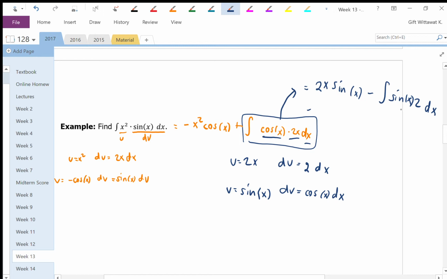Oh, that's good news, because I can find the integral. The integral of sine is going to be negative cosine. The negatives cancel out, so I get plus cosine of x plus a constant.